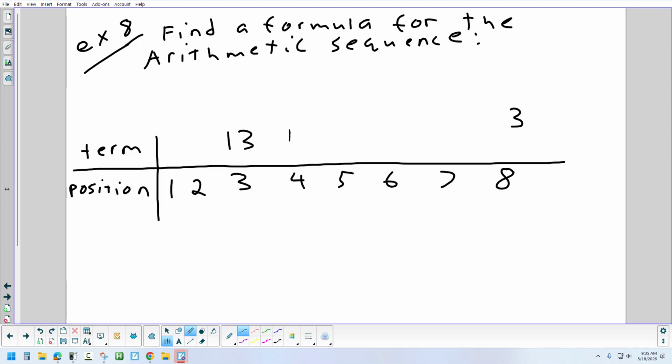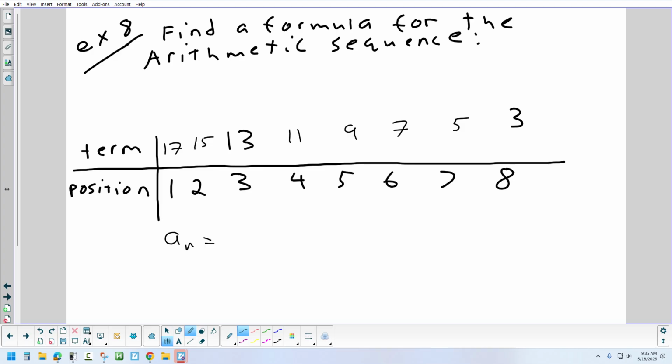So this would be 11, 9, 7, 5. But we really need the first term to use the formula that I gave you. So how are we going to work backwards to get the first term? You just add. We just add 2. So going the other way. 15, and there you go. So now we know the first term is 17, and we're subtracting 2 each time.